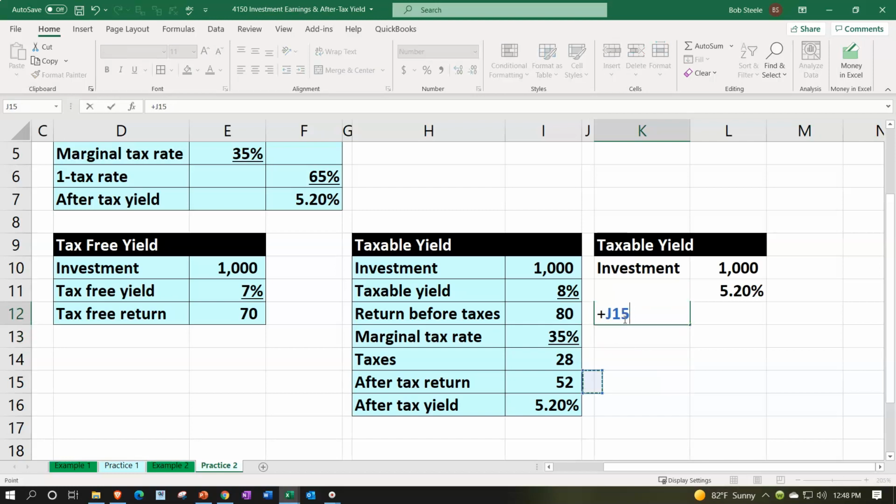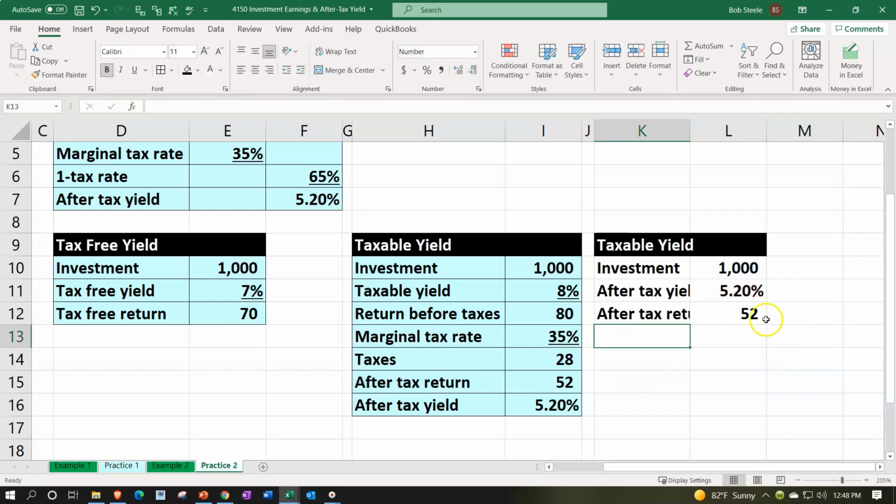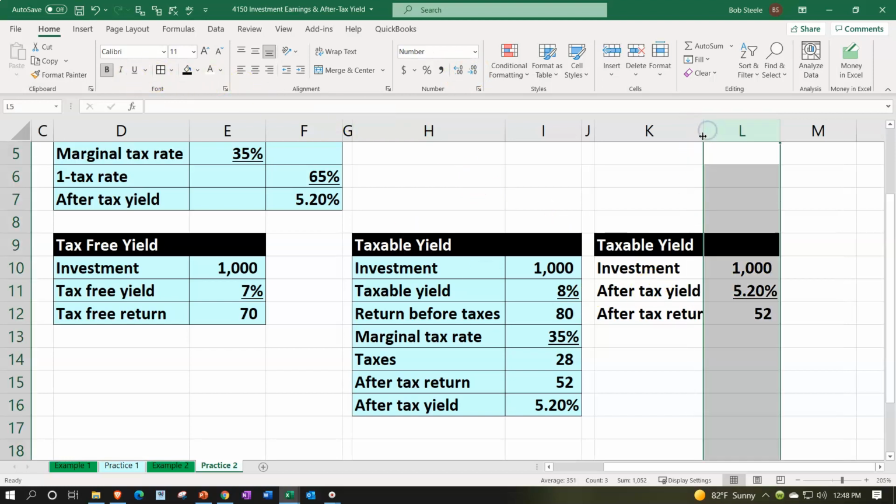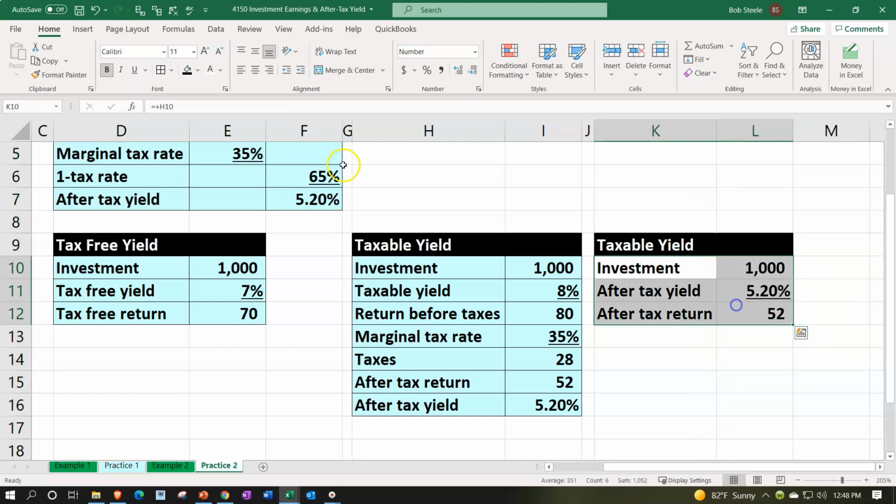We'll just call it the after-tax return. So clearly that would get us there quickly. So we don't need any decimals. Let's underline this and make this a little larger. And then we'll make that blue.